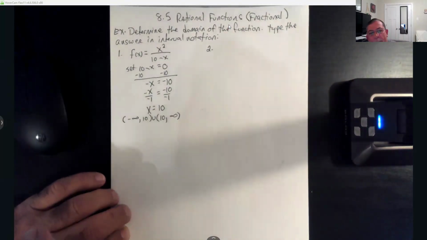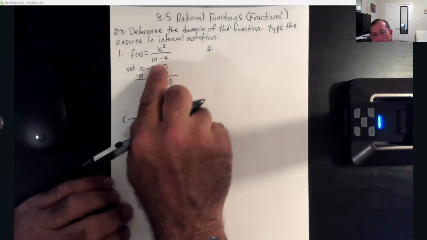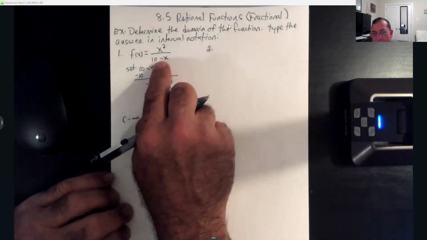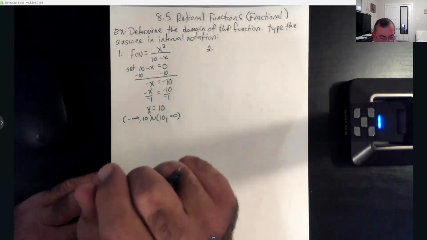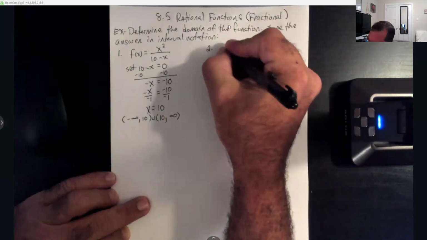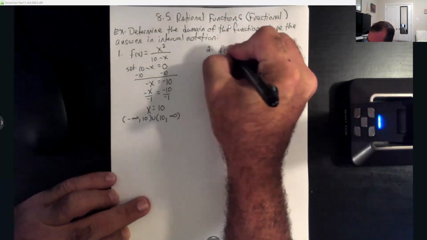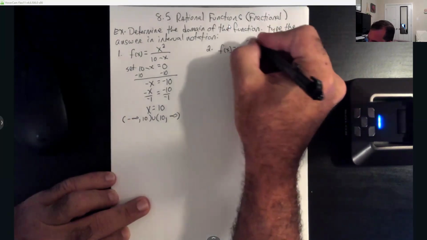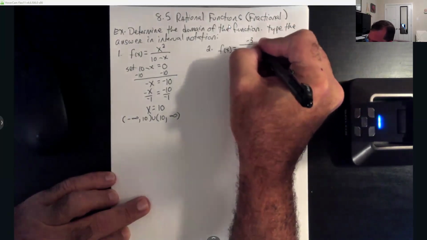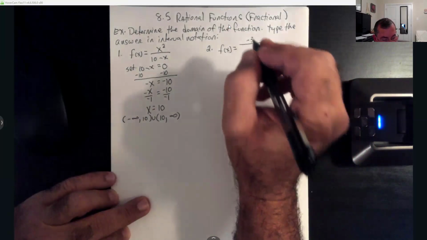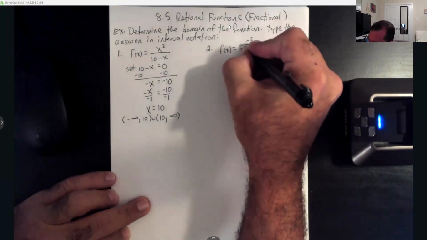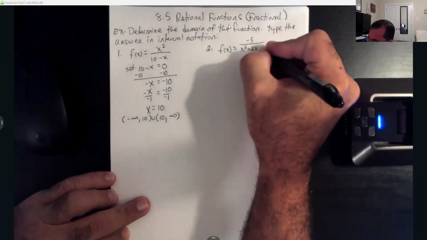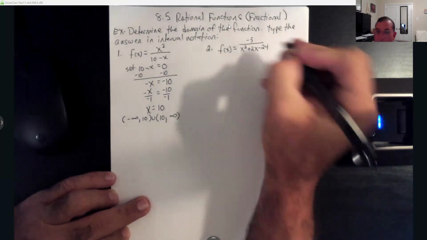Now, number 2 will be a little bit different because they're going to throw a quadratic equation on the bottom instead of just a 10 minus x type equation, okay? So this one, I got f of x equals negative 3 over x squared plus 2x minus 24.